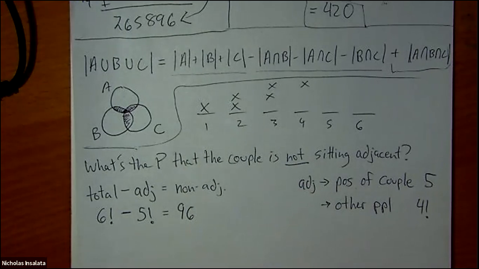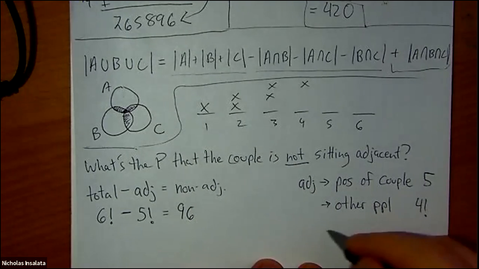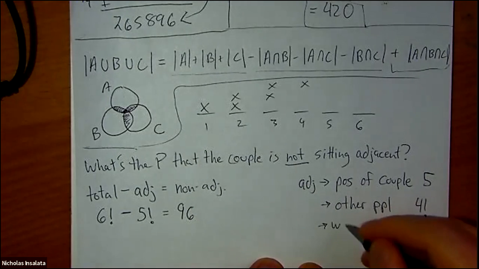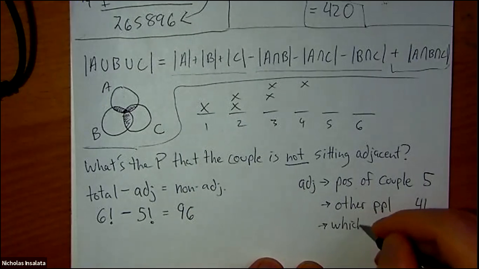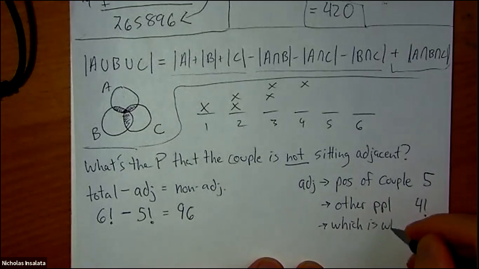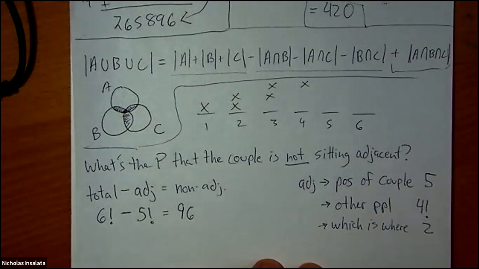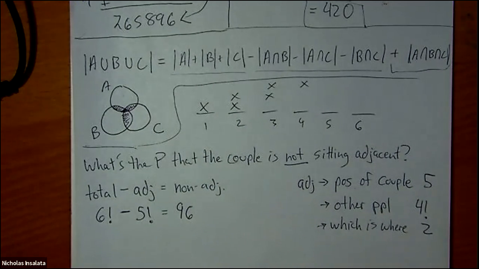So the position of the couple is 5, other people is 4, and then which partner is where? That'd be another 2. Yeah, that's fair. So then I guess we would have 120 minus 48, which would give us 72, right? Yeah, 72.